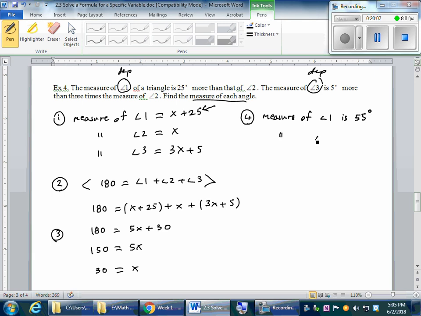The measure of angle 2 is represented by x, so that will be 30 degrees. And the measure of angle 3 is represented by this expression, which is, now we're going to compute it, 3 times 30 plus 5, which is going to be 90 plus 5 is 95. So it is 95 degrees. And this will be our final answer, interpreting.